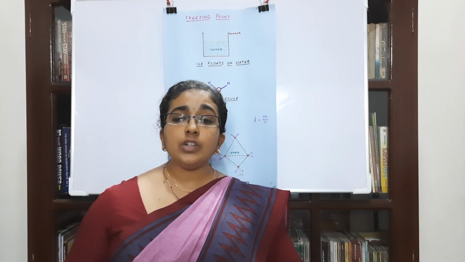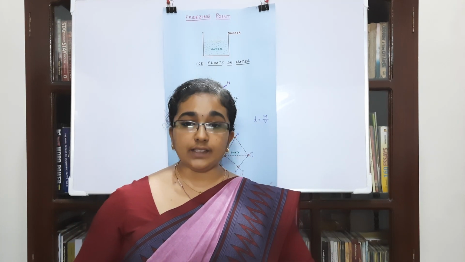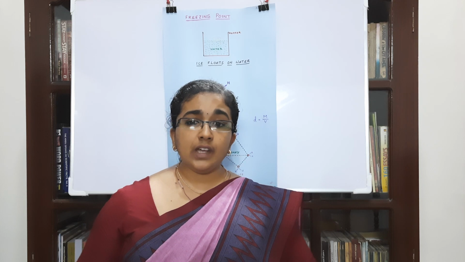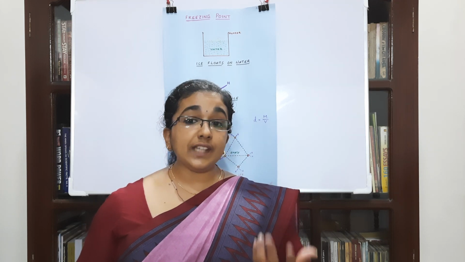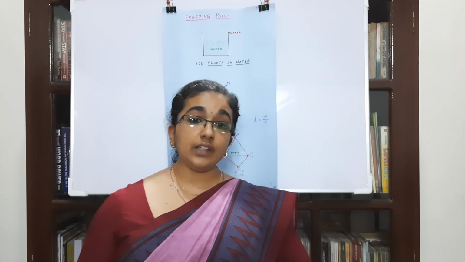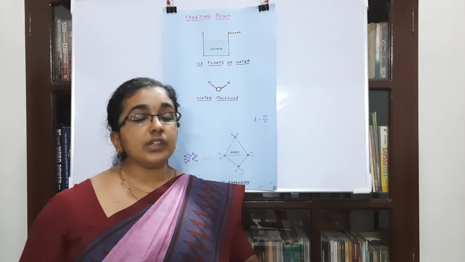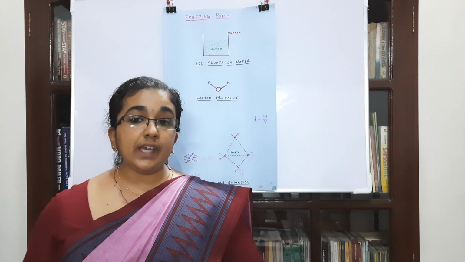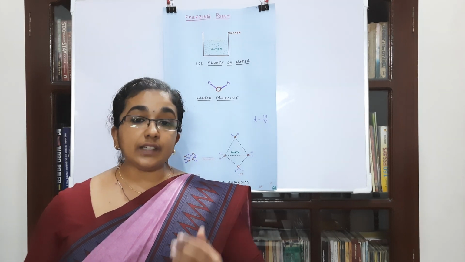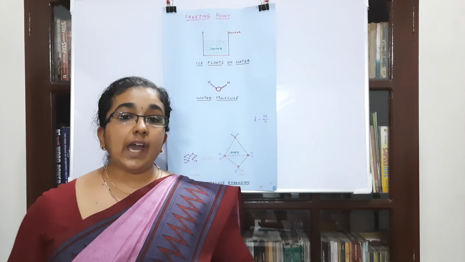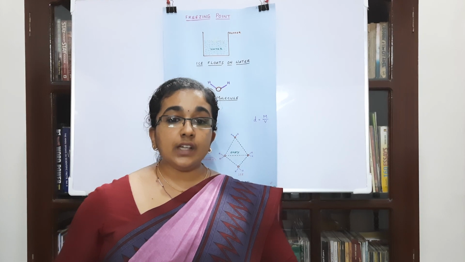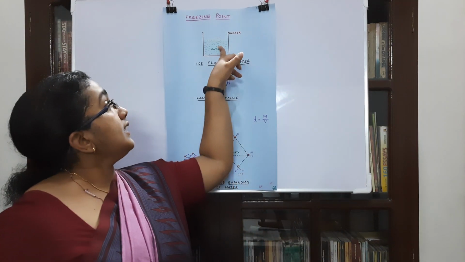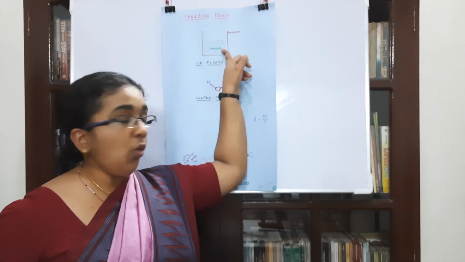When the water freezes to ice, let me ask you, does it expand or shrink? When water is converted to ice, its volume increases and the density decreases. And that is the reason why ice floats on water.